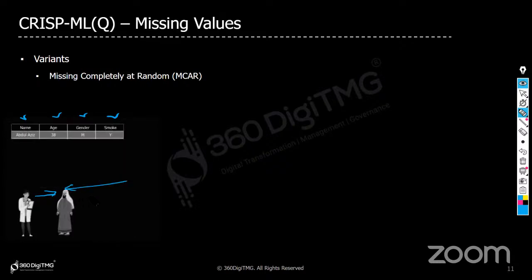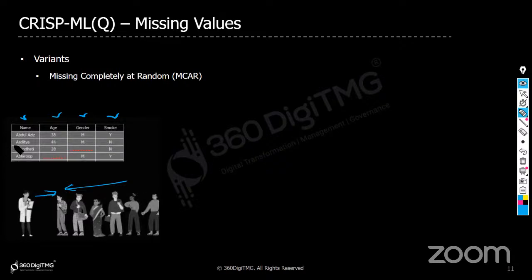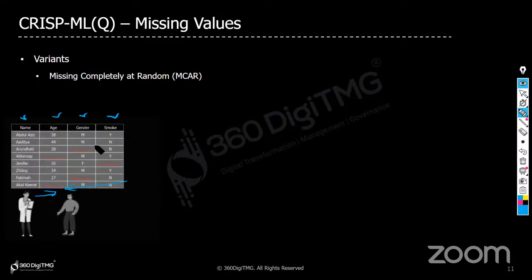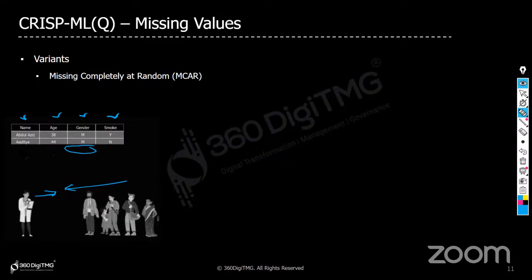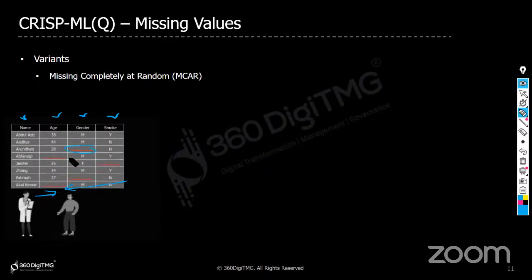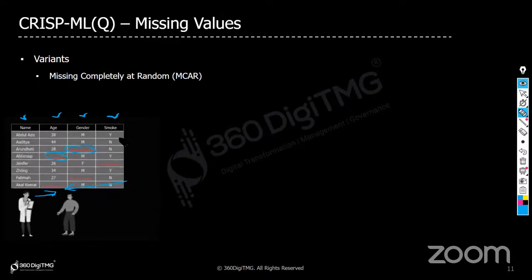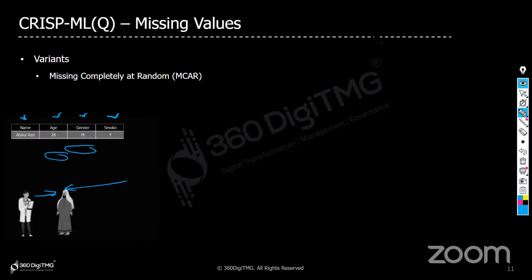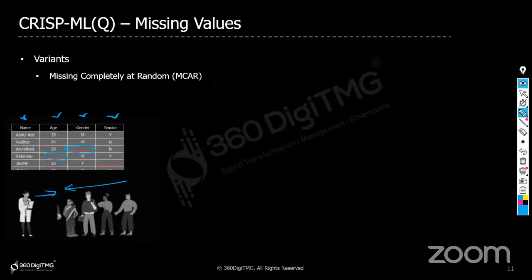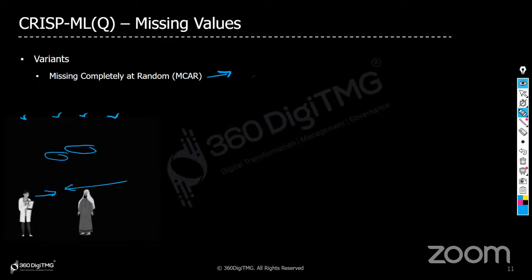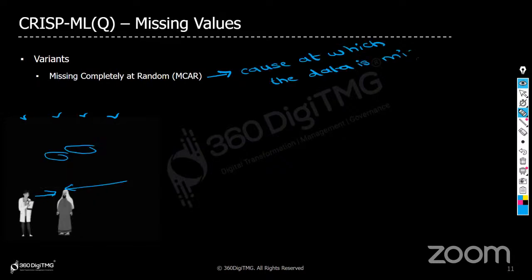Because of this, he may sometimes forget to mention some details of some patients. Like here, for the third patient, he did not mention gender. He did not mention age. Just like that, he missed a few data while entering. This concept is called missing completely at random, which means the cause at which the data is missing is not known.